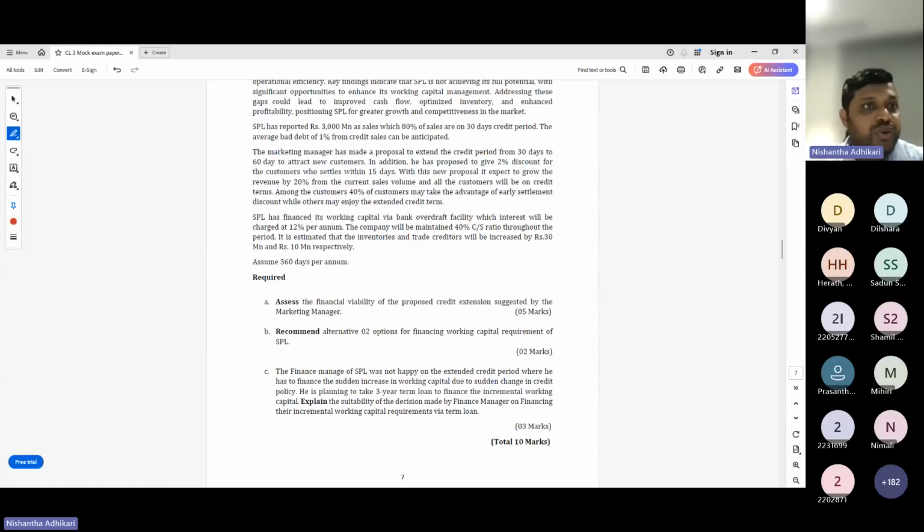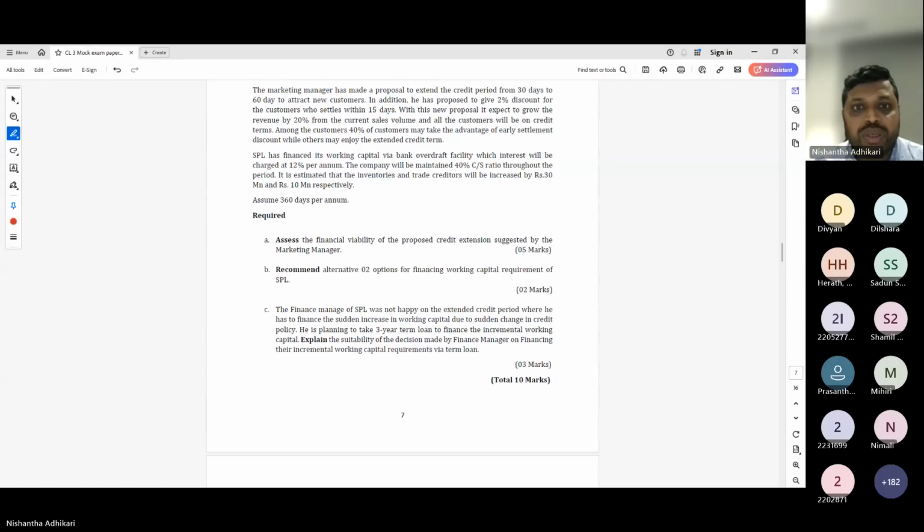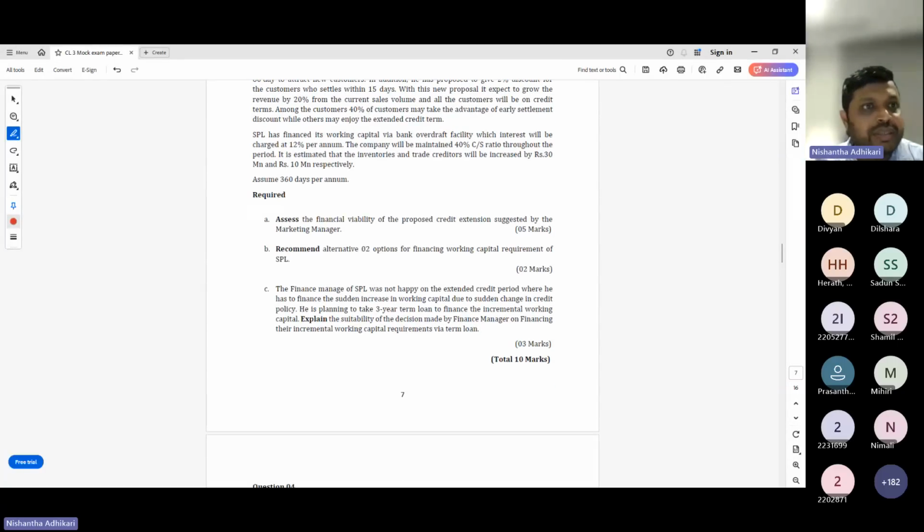I will draw it here. You can divide your current assets into two.